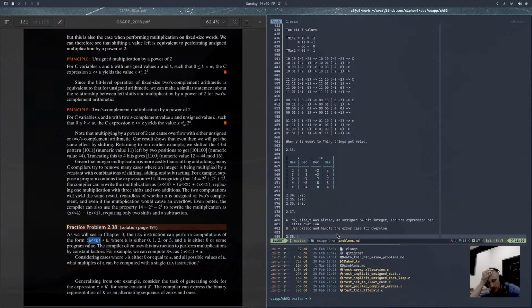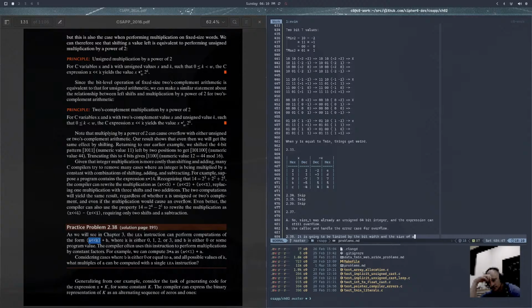It's going to be limited by the bit width. And there's no bit width specified in the problem.